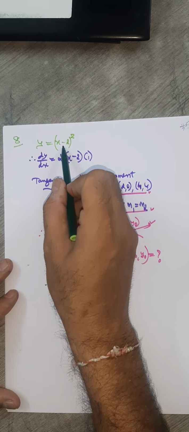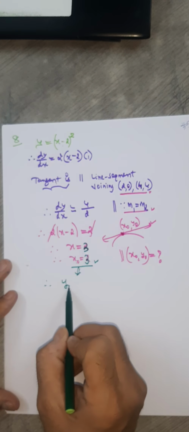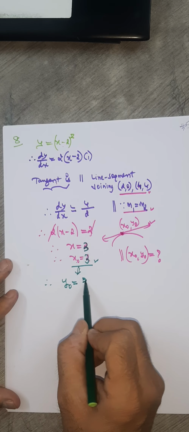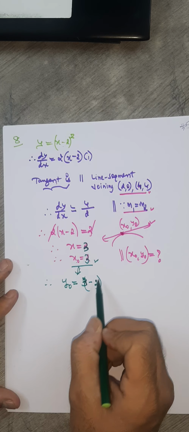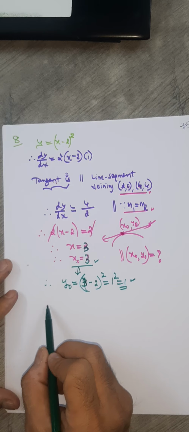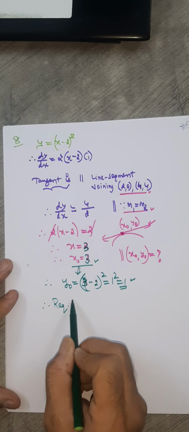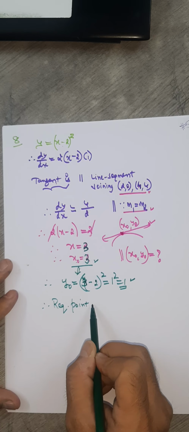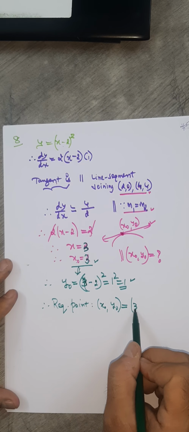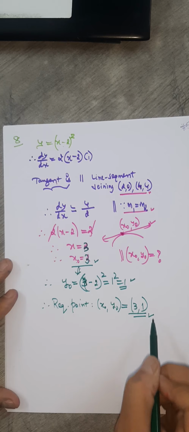Put x0 equals 3 in the given function. So y0 equals 3 minus 2 the whole square, which is just 1 square, which is 1. So the required point, the point of contact x0, y0, is 3, 1.